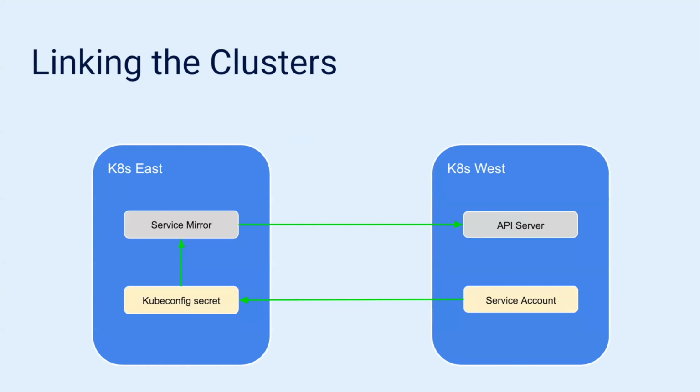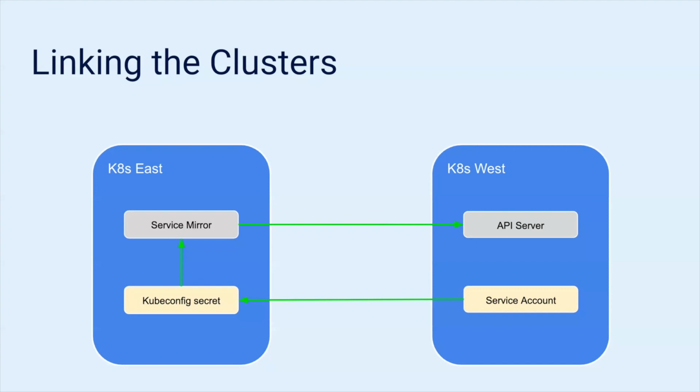So when we put all this together, we have to link the clusters as well, and that's the service account that I was talking about. When we actually go through the process of linking the clusters using the link command, the service account is exported from one cluster, and I use the nomenclature east and west here. And this is all in the Linkerd documentation. You can check it out.